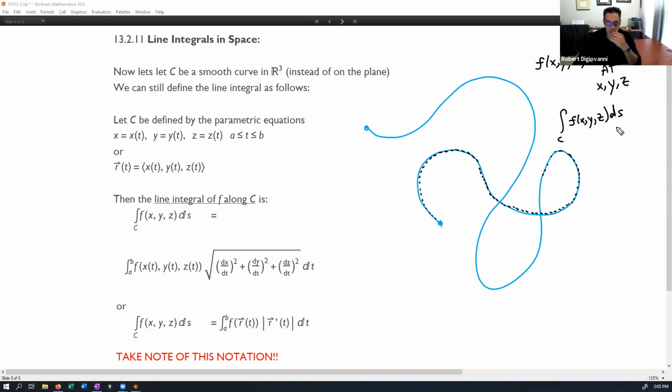You could think about it as your mass. What if this was a wire, a three-dimensional wire, and we were able to compute the mass at each point? Then this line integral over C with respect to arc length would give us the total mass of the entire wire.